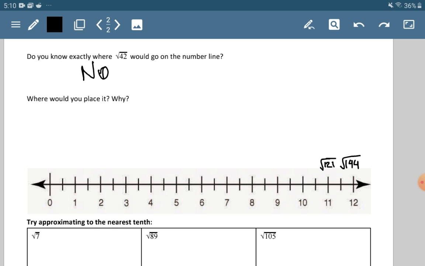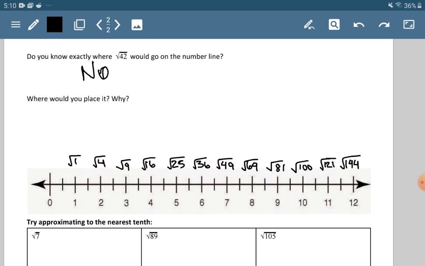So that's what goes above 11. 10 times 10 is 100, so root 100 goes above there. 9 times 9 is 81, root 81 goes on the top. 8 times 8 is 64, so root 64 goes on the top. 7 times 7 is 49, so root 49 goes on the top. 6 times 6 is 36. 5 times 5 is 25. 4 times 4 is 16. 3 times 3 is 9. 2 times 2 is 4. 1 times 1 is 1. And 0 times 0 is 0.